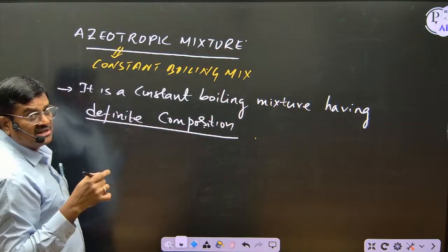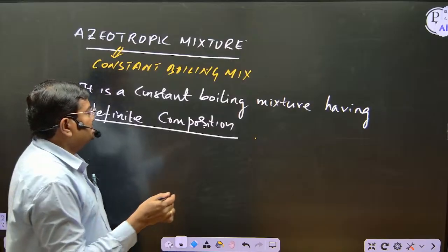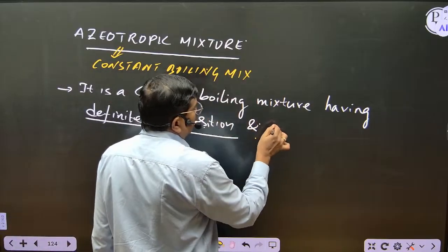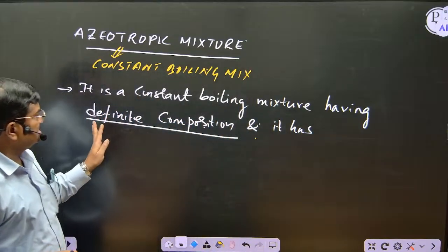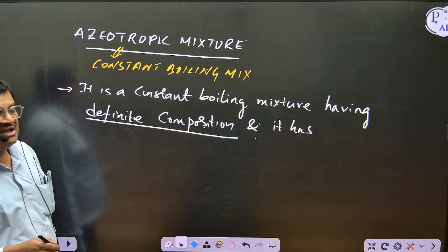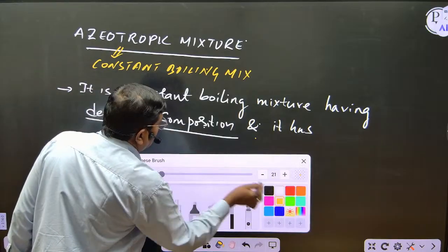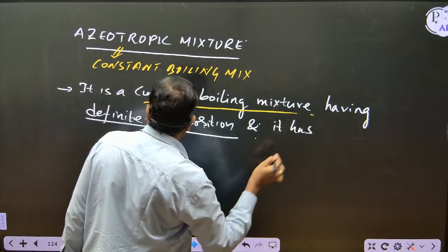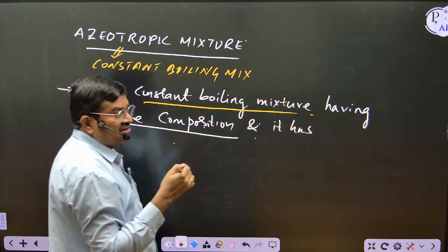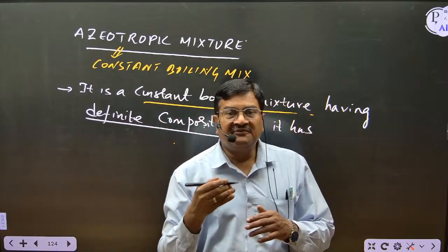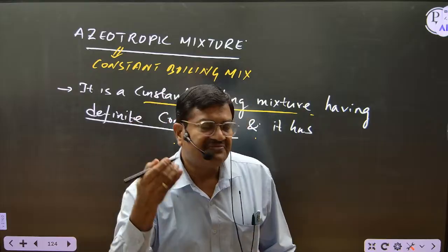And so having a definite composition, it has the same composition in liquid phase and vapor phase. It is a constant boiling mixture having definite composition and the same composition in which phases? Whatever composition the liquid phase has, the same composition will be there in the vapor phase.